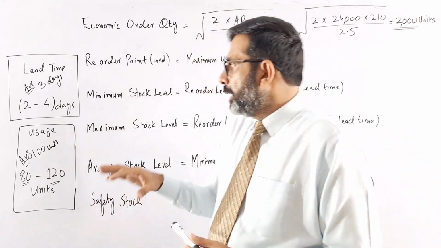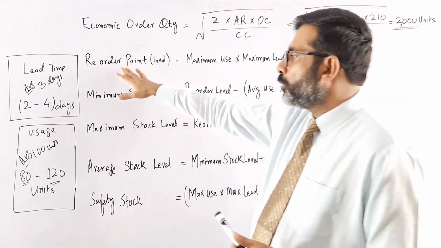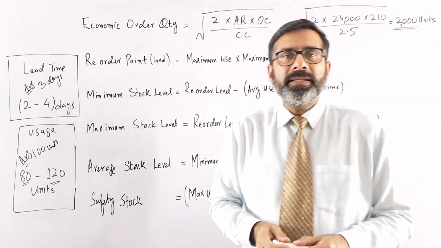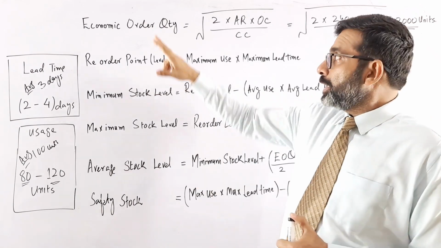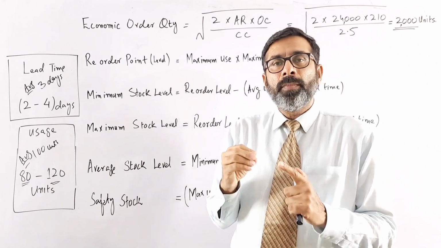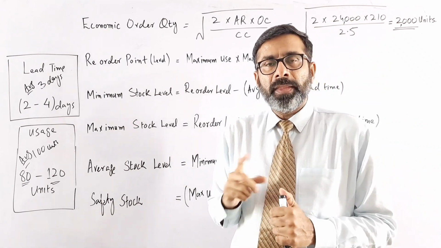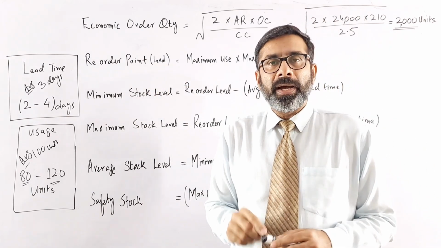Now the first concept that we have is the reorder point. First of all, we should understand the meaning of reorder point. Reorder quantity was how many units we have to buy in one order. Now this is the concept of when they should buy.